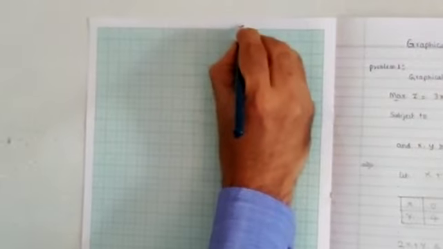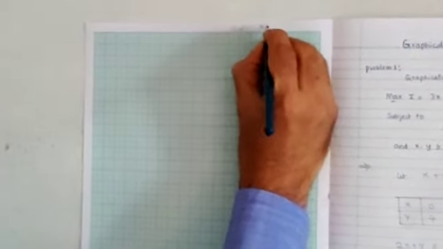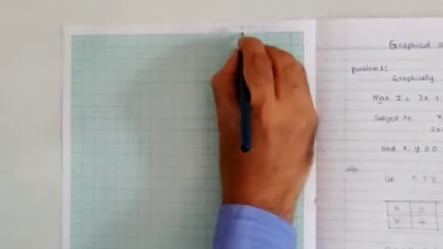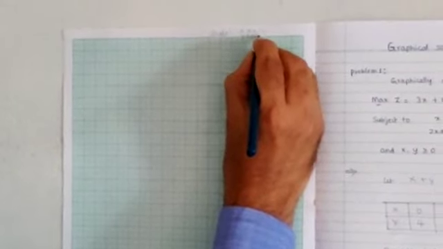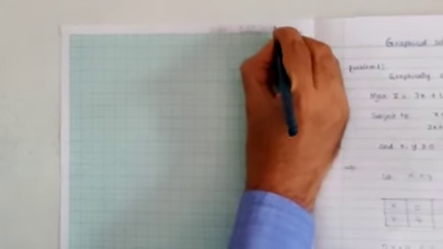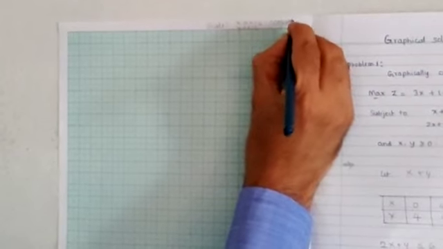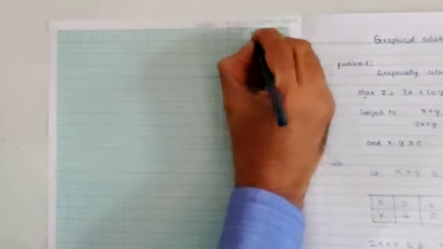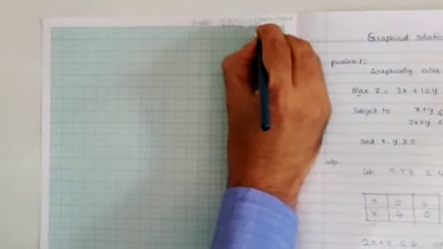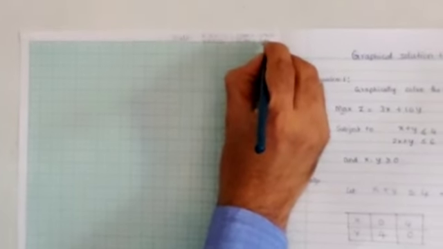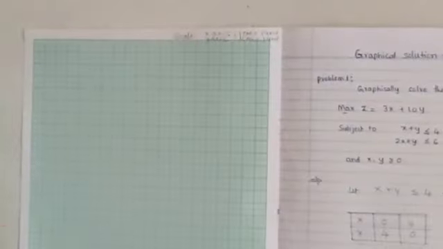First, write down the scale here, x-axis and y-axis. X-axis 1 centimeter equals 1 unit and y-axis 1 centimeter equals 1 unit. So let us see here.